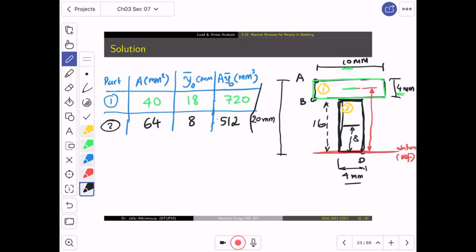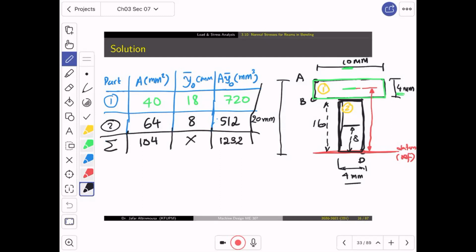Now, what should I do? I close this, and then I have another row of the sum. I sum both of the areas, which is 104. This one, I don't need to do anything with it. And I sum the multiplication, which is 1,232.